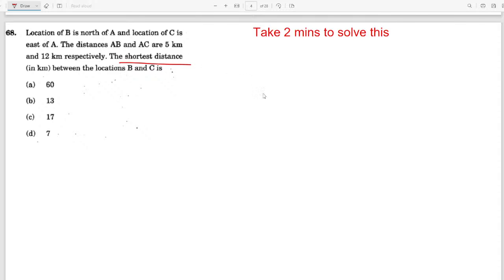Location of B is north of A. So let A be here, and B is north of A. The distance AB is 5 kilometers.